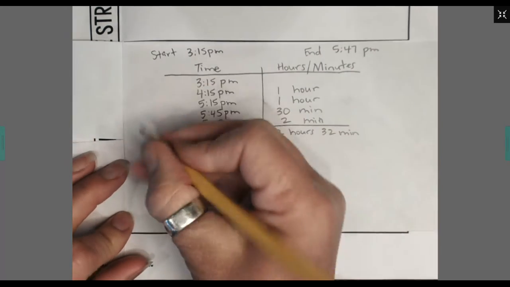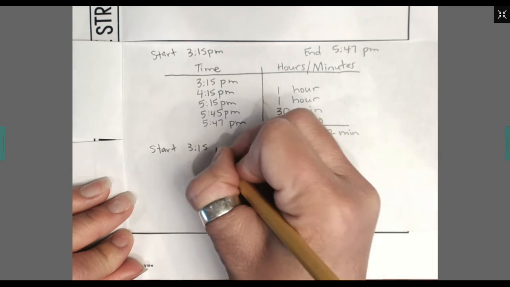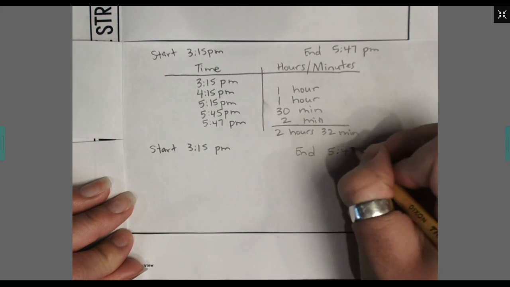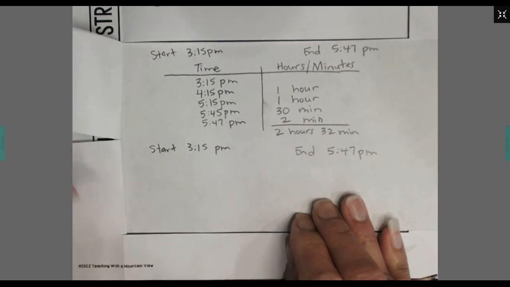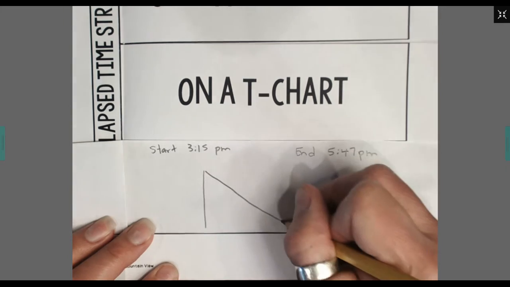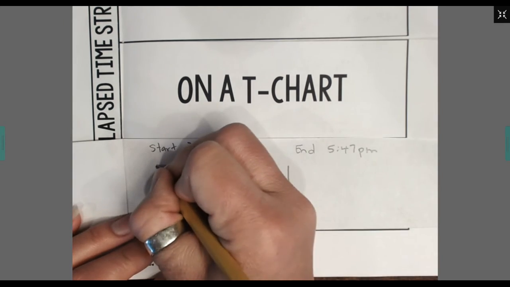So we have our start time, 3:15 p.m., and our end time, 5:47 p.m. And we draw an N. And we have our start up here.